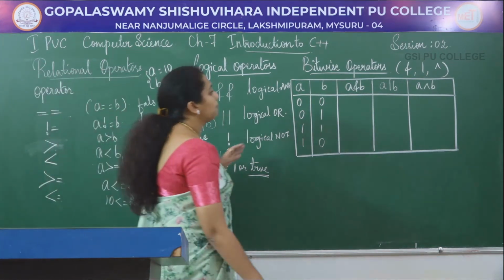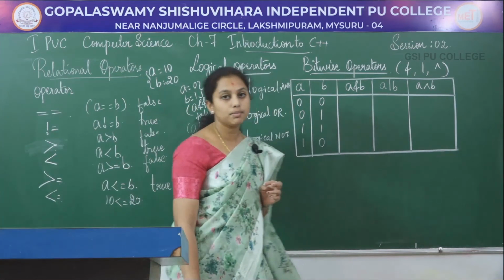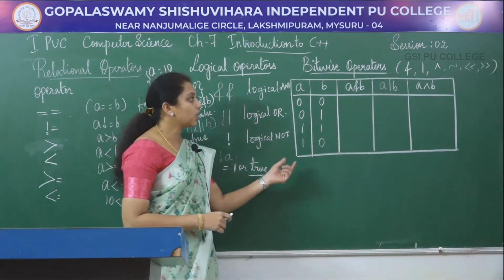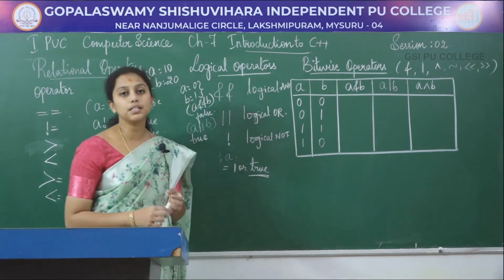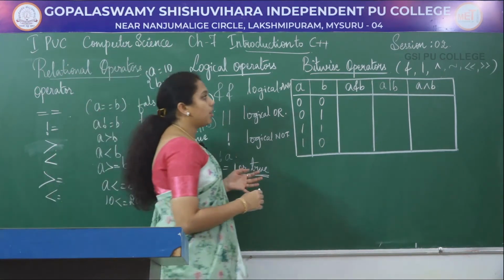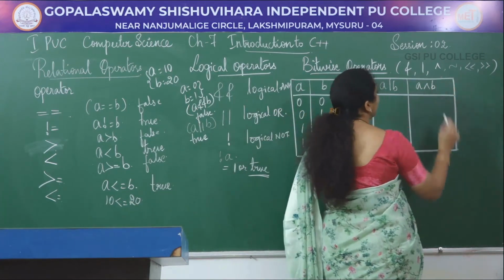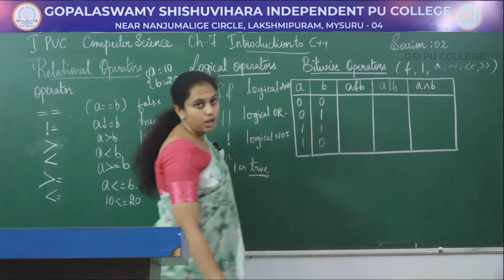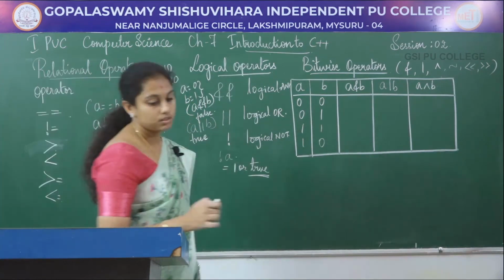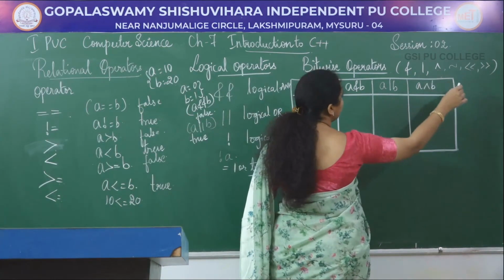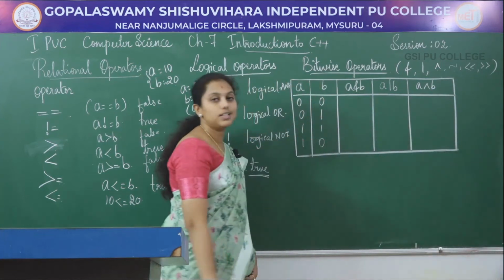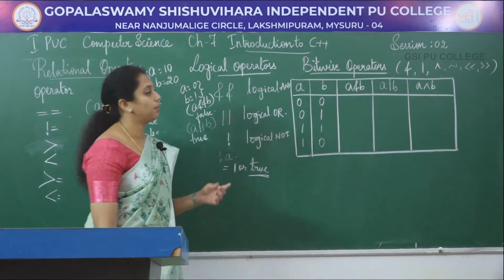And next is bitwise operators. So bitwise operators work on bits and perform bit by bit operation. So some of the bitwise operators are bitwise AND, bitwise OR, bitwise XOR, ones complement, left shift and right shift operators.